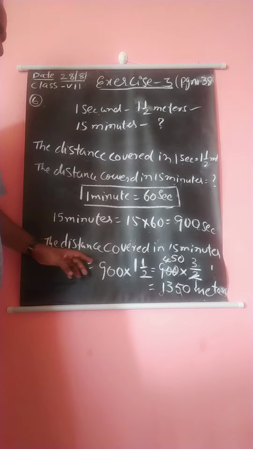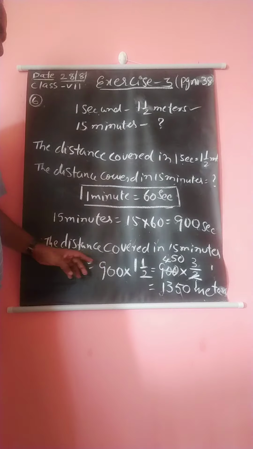We want to fill up the blanks. Now listen here. 2 by 3 into a box is equal to 20 by 21. It is asking what fraction should multiply with 2 by 3 to get 20 by 21.